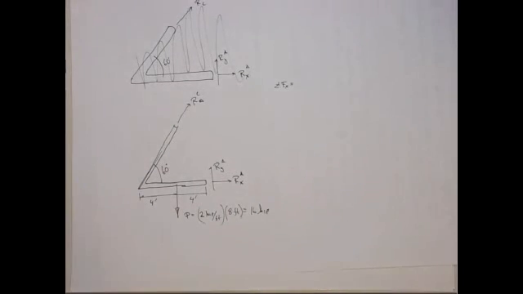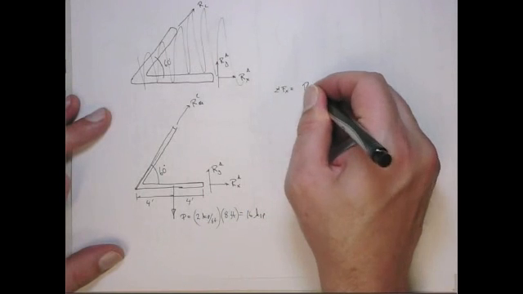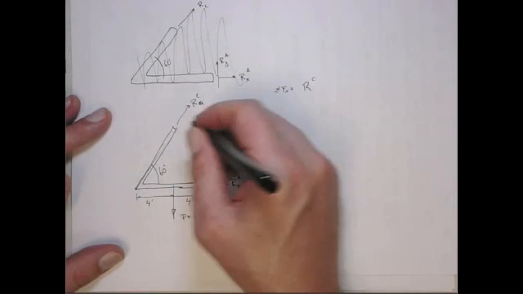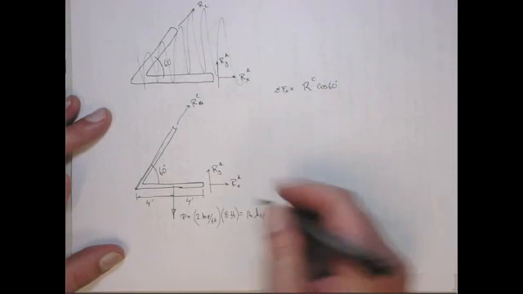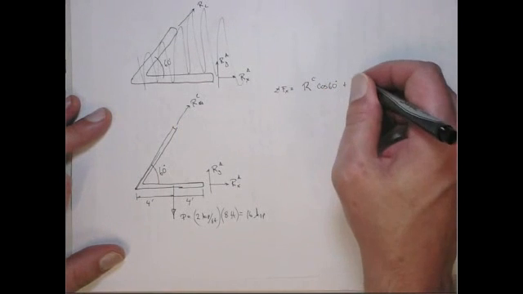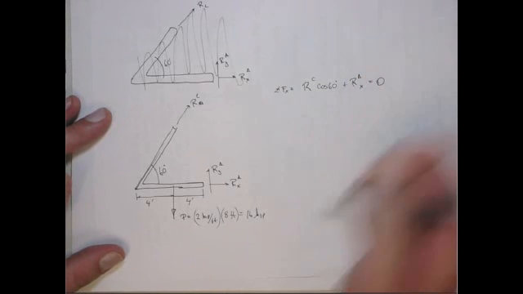All right, so if we do sum of forces in the x, that gives me Rc, its x component is cosine of 60, plus Rx at A, and that has to equal 0.